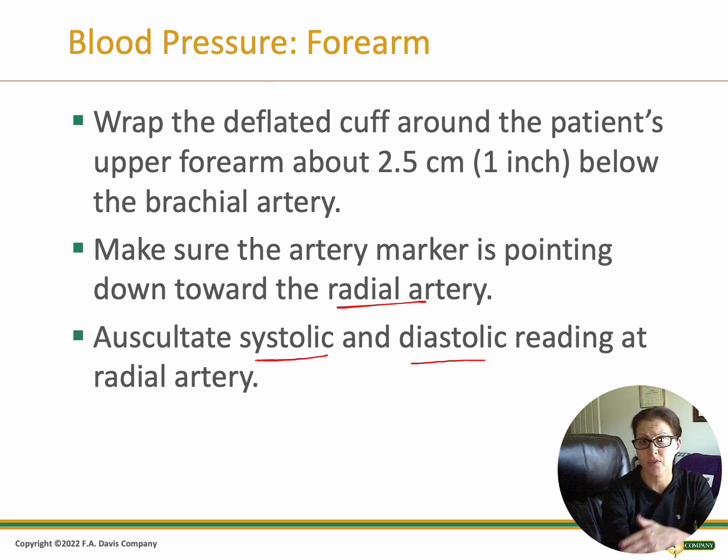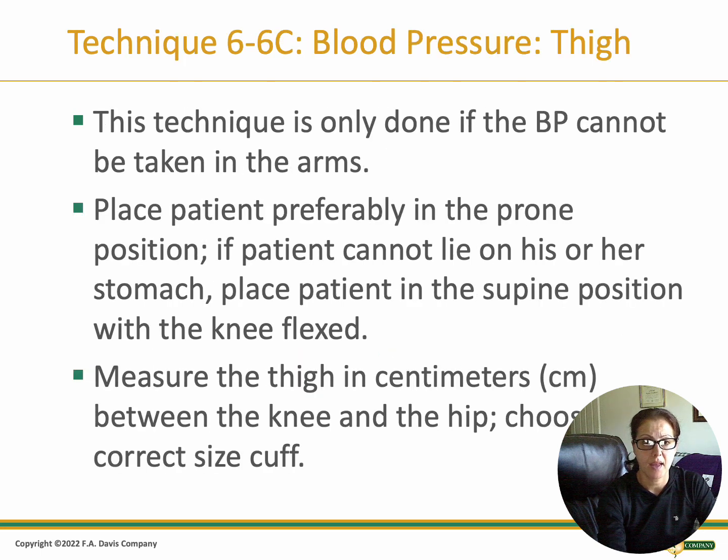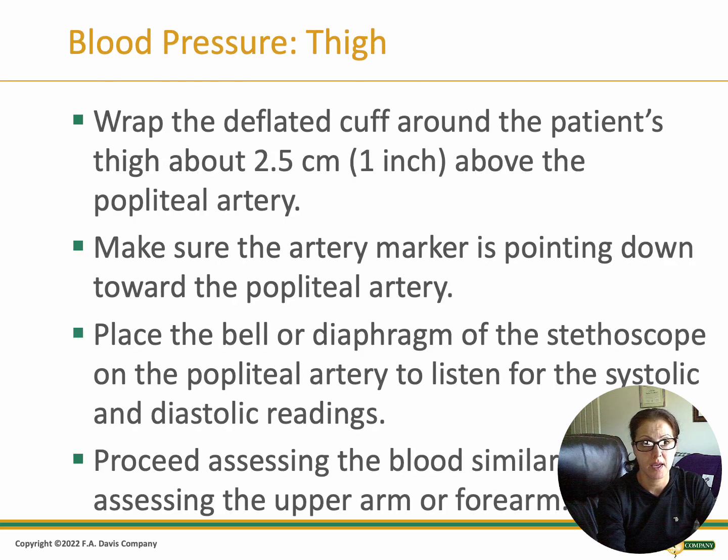No different, just different locations. The thigh region, I showed you the picture earlier, is used if the blood pressure cannot be taken in either of the arms. In this case, we're using the popliteal artery.